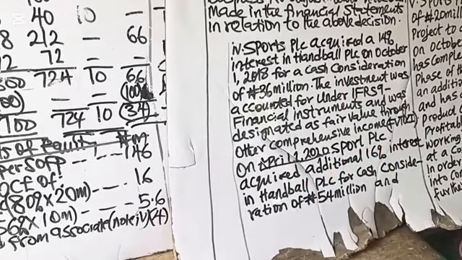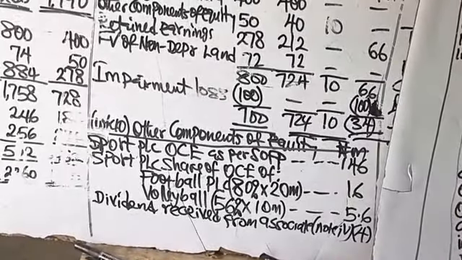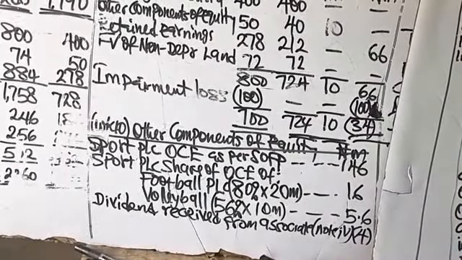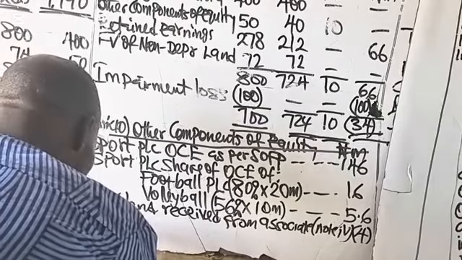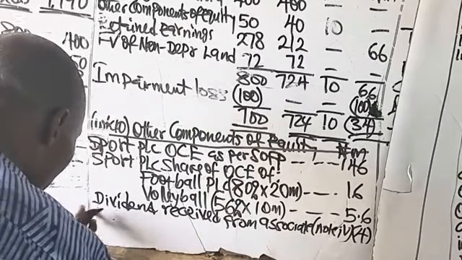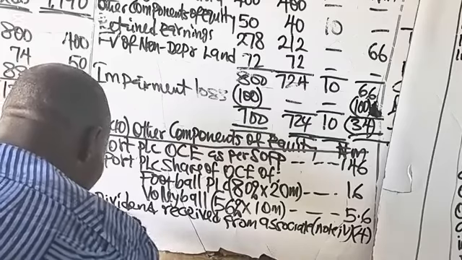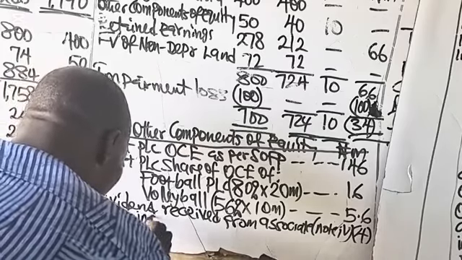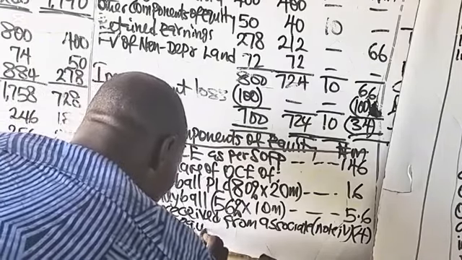Since it is recognized as fair value through other comprehensive income, we will need to adjust that in other components of equity. So we have fair value gains on equity financial asset.